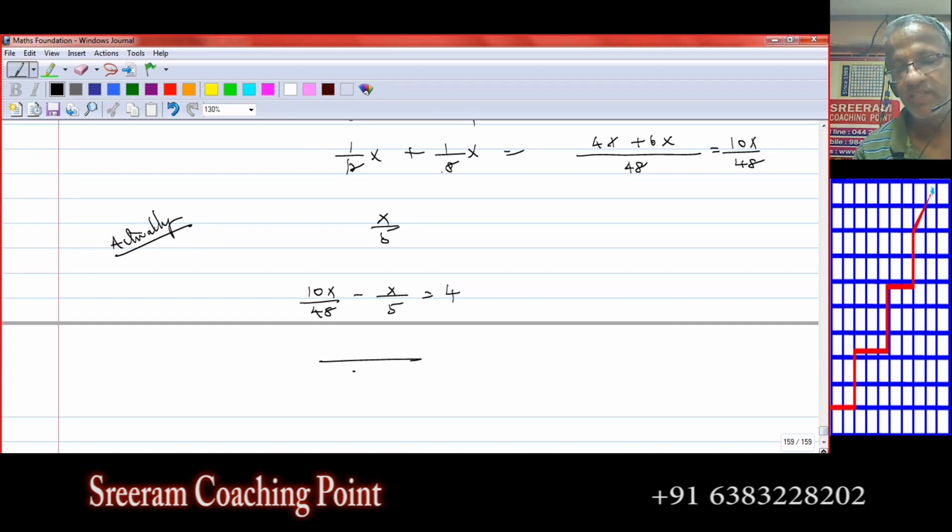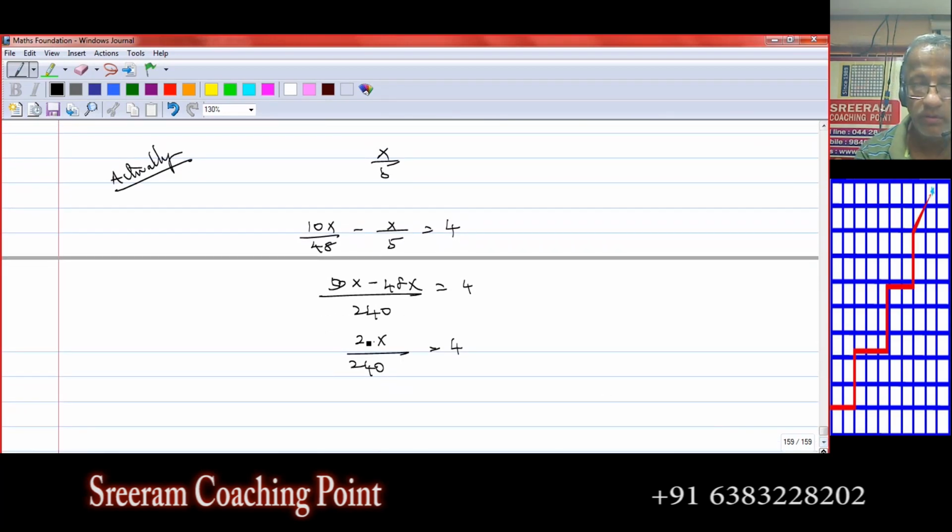240 is the LCM. 50x minus 48x equal to 4, so 2x divided by 240 equal to 4. x equal to 480.